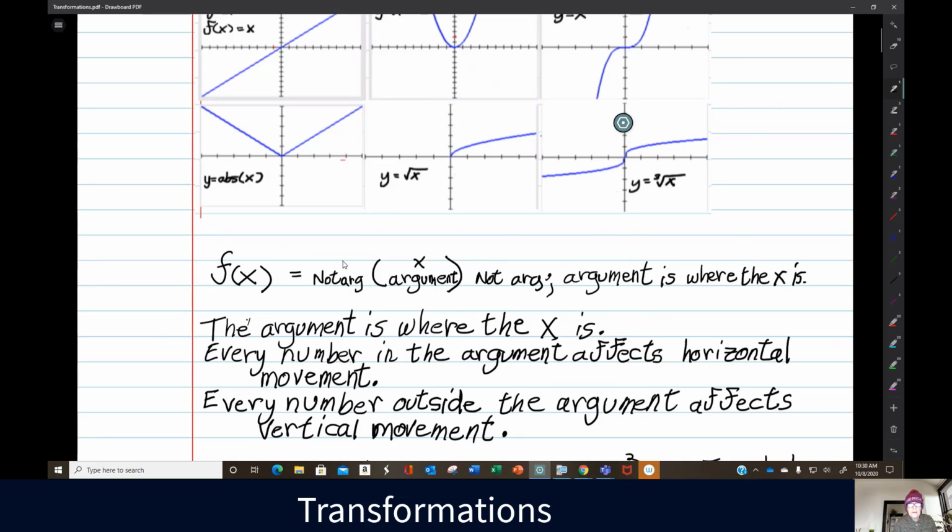And then every other place in front and behind the argument, that's not the argument. So all functions are divided up into the argument part where the x is and the not argument part where the x is not.